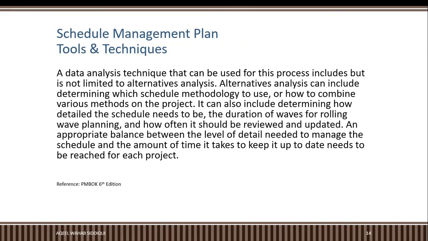We can use data analysis techniques as well. A data analysis technique that can be used for this process includes, but is not limited to, alternatives analysis. Alternatives analysis can include determining which schedule methodology to use or how to combine various methods on the project.